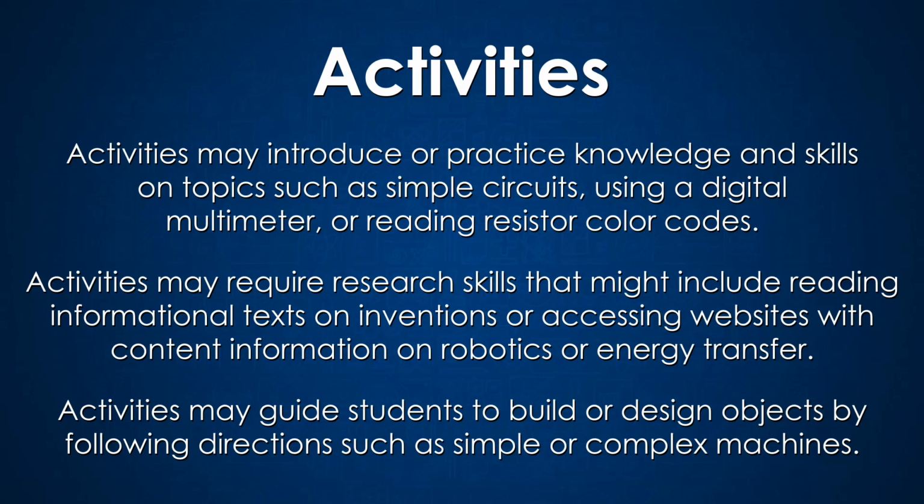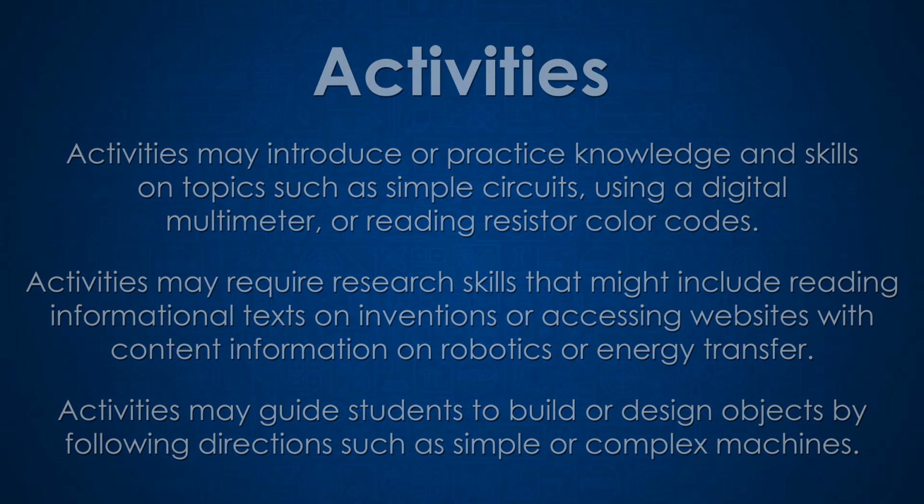Activities may guide students to build or design objects by following directions, such as simple machines or complex machines. Activities engage students in learning that builds on their current knowledge and skills and also develops new knowledge and skills.